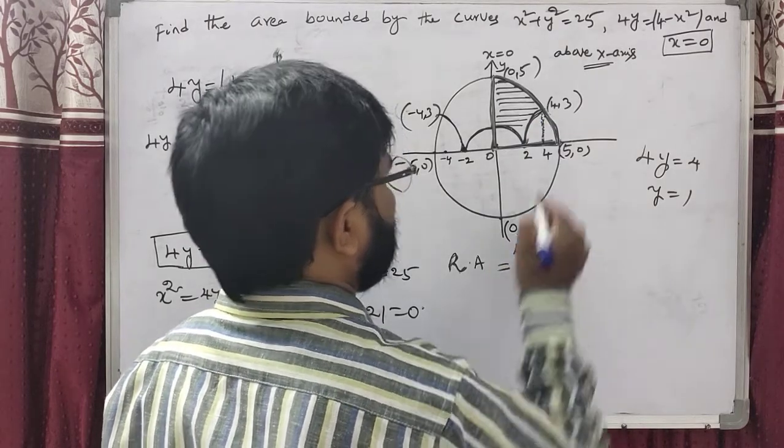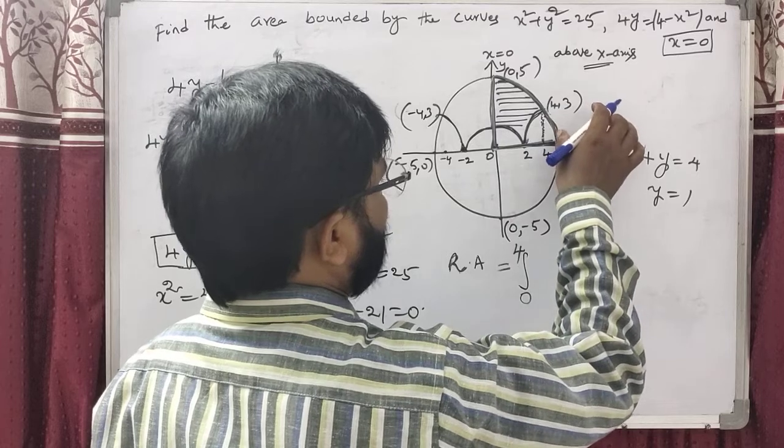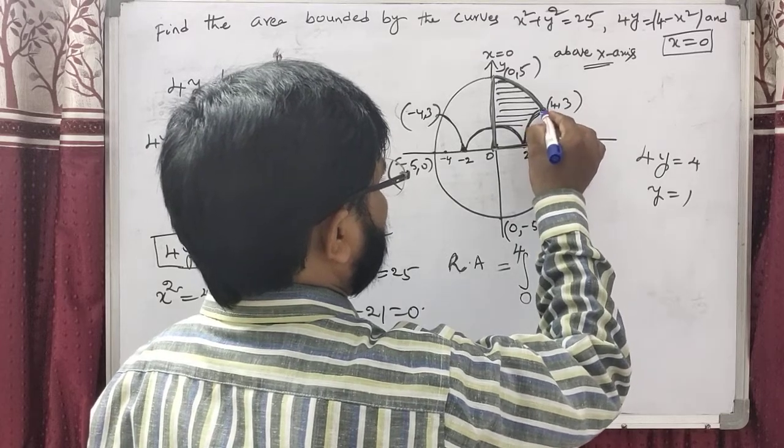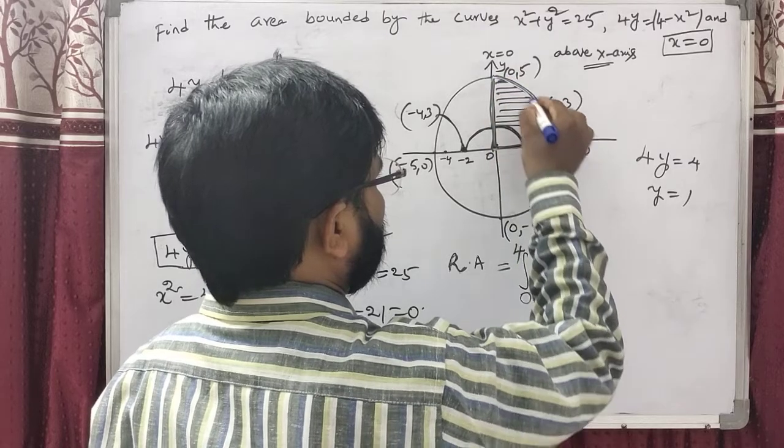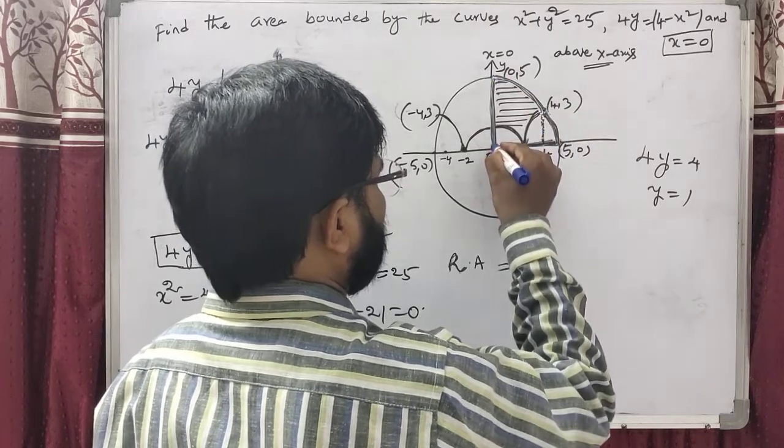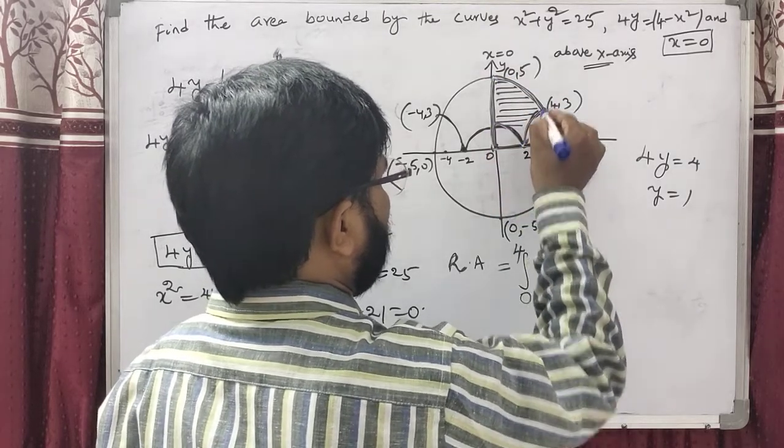We do not need to take this part; right now we have to take this area only. I will find this area, where these are intersected.